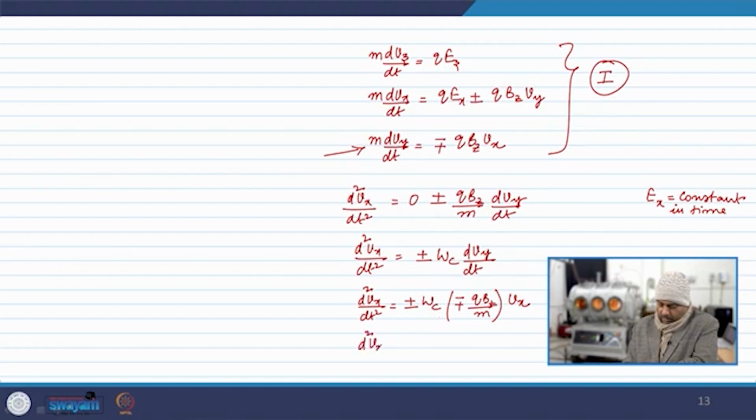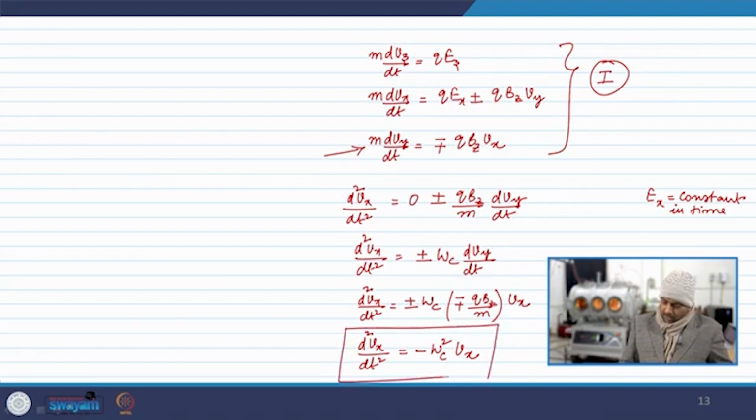So, d square vx by dt square, multiplying plus minus with minus plus will result in a minus, and qB by m being omega c, multiplied by omega c is omega c square times Vx. Now we have a very interesting equation. d square Vx by dt square is minus omega c square Vx. Right.